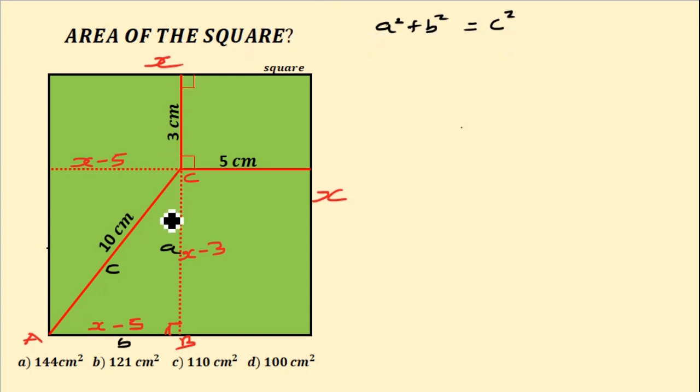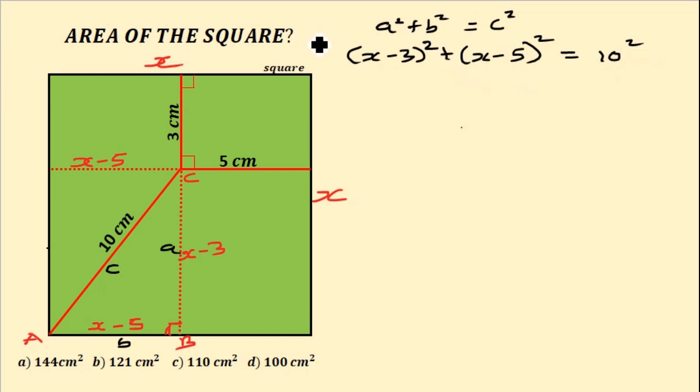So when we do the substitution, A is x minus 3. So we will have (x minus 3) squared, then plus B is x minus 5, so plus (x minus 5) squared is equal to C squared, and our C is 10, so that will be 10 squared.